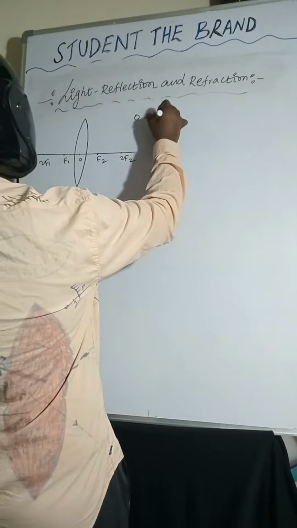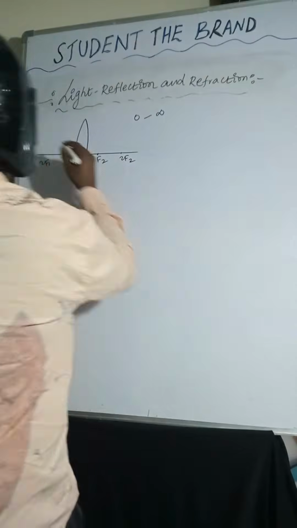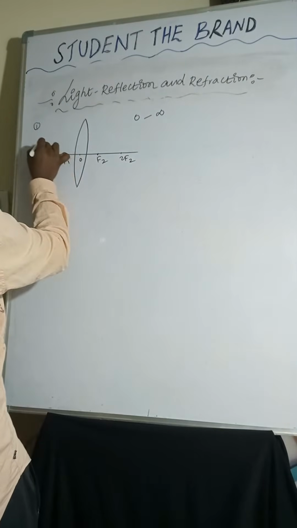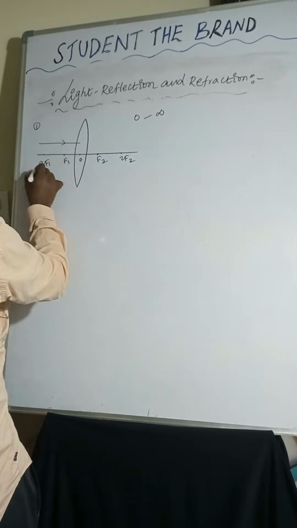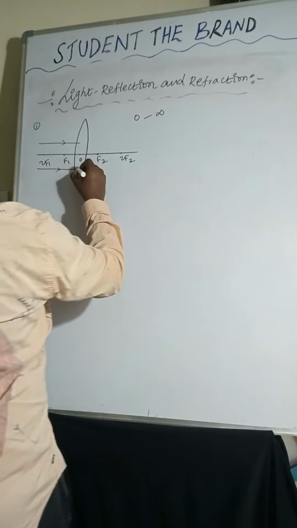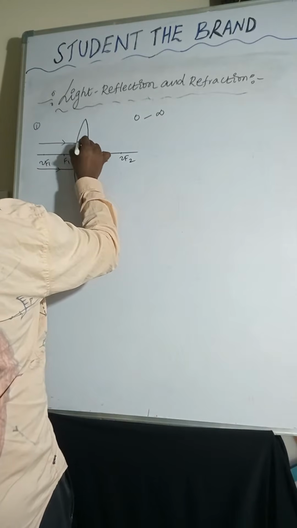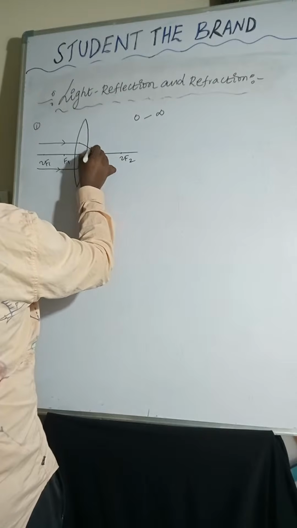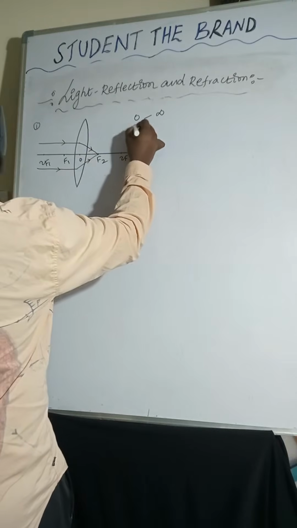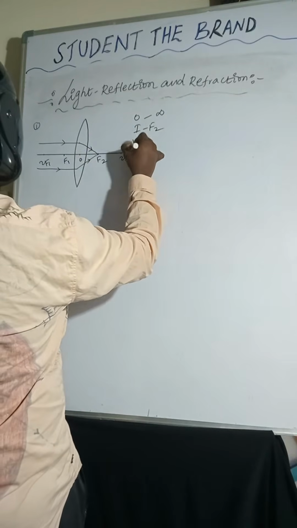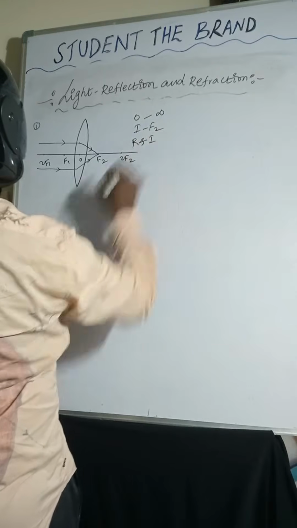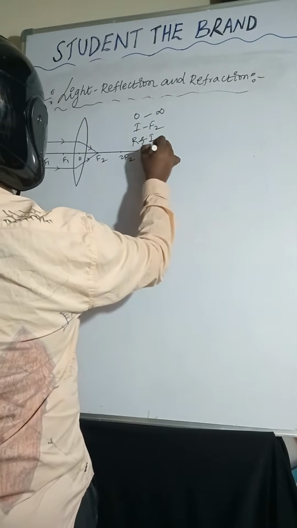Object is at infinity. So I'm taking the first one. Two light rays, one light ray I'm taking like this, another light ray like this. After refraction, those light rays will meet at focus. Image will form at F2. Nature of the image is real and inverted. Size of the image is highly diminished.